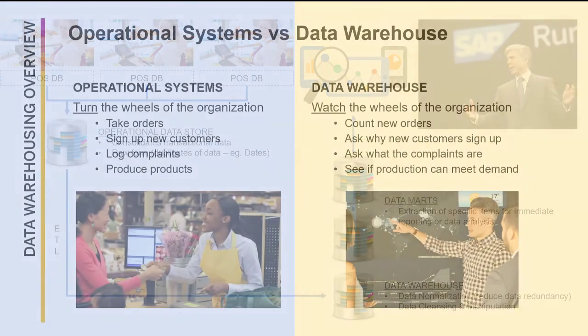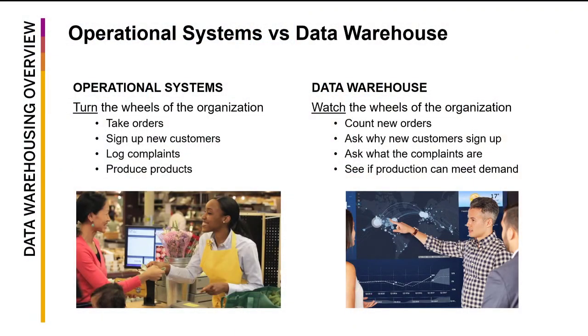To provide more information, we have here the difference between operational systems and the data warehouse. Operational systems usually look at how the wheels are turning in the organization, or rather, basically turn the wheels of the organization. It is where orders are taken. It is where customers are signed up to loyalty programs.